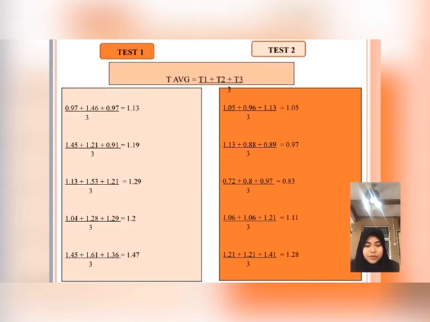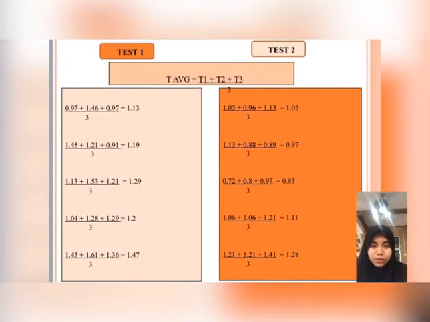Next, 0.72 plus 0.8 plus 0.97 divide 3, the equal is 0.83. Next, 1.06 plus 1.06 plus 1.21 divide 3, the equal 1.11. Last, 1.